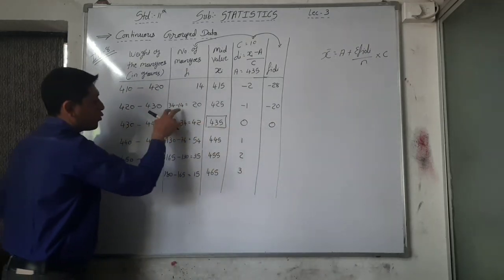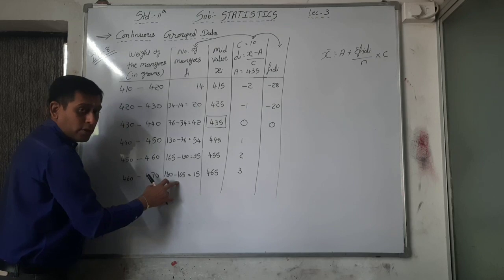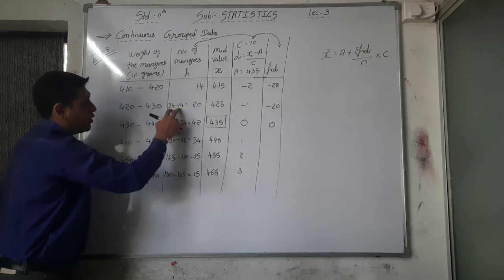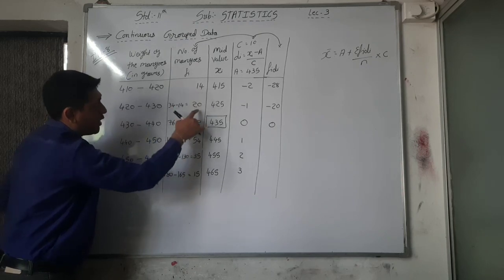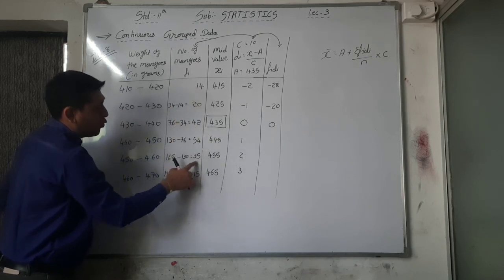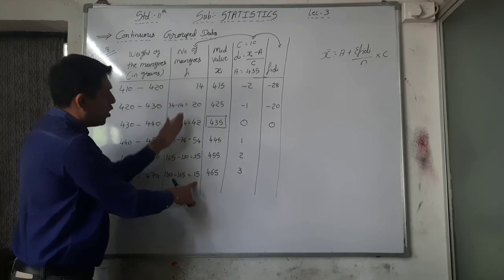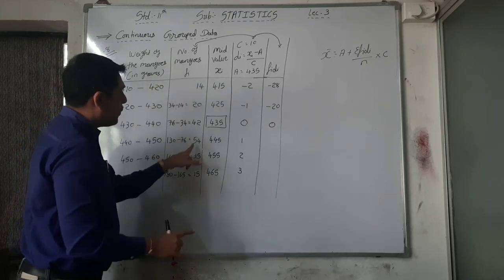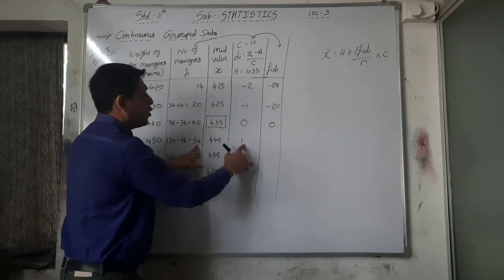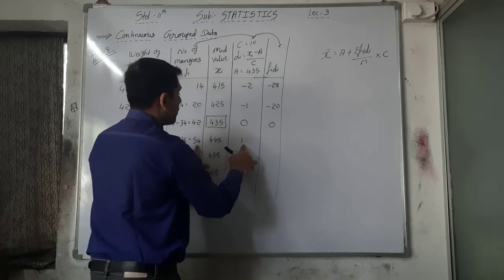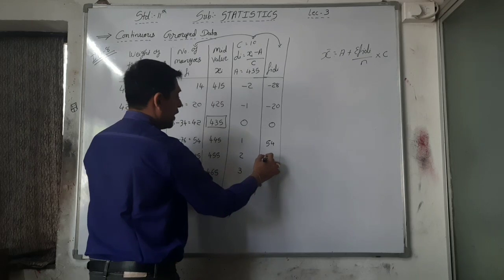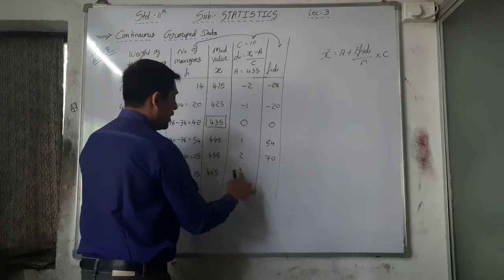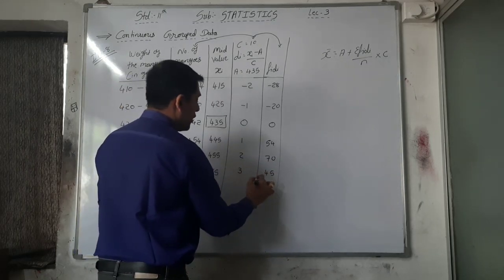See, you don't have to write this compulsorily; it is just for your information. You have to write just 14, 20, 42, 54, 35 and 15 as your frequency. Now 54 into 1, fi di, that is 54. 35 into 2, that is 70, and 15 into 3, that is 45.